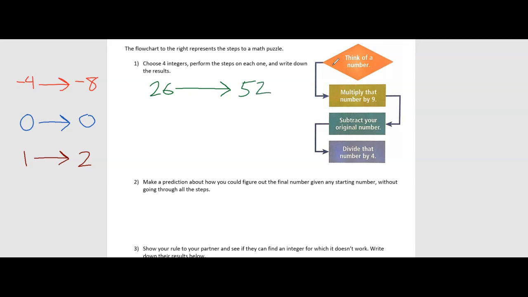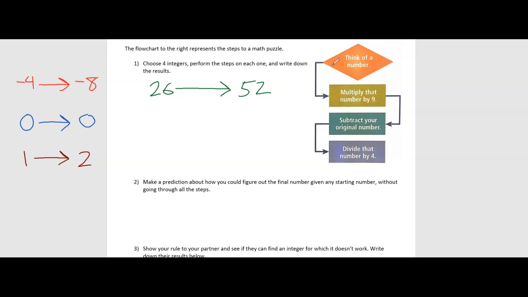So those are the 4 integers I chose. You can see the relationship between the starting and the ending integer there. And number 2 says, make a prediction about how you could figure out the final number given any starting number without going through all those steps. So is there just one step I could perform on these initial integers that would get me the final one?